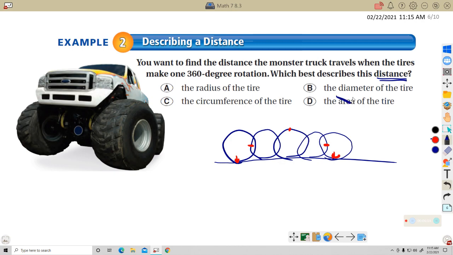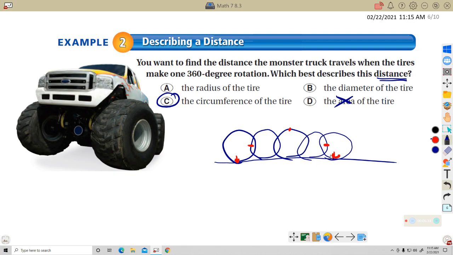It can't be area because area is not a distance. The radius and diameter of the tire are distances, but they're distances from the center to the outside. In this case, it's the circumference of the tire. The circumference is the distance around the tire.